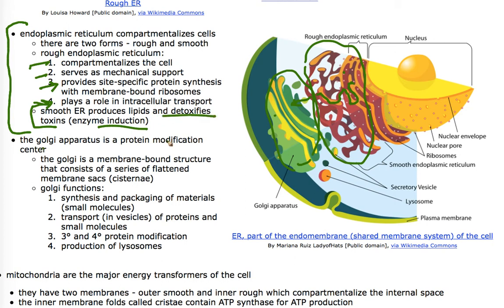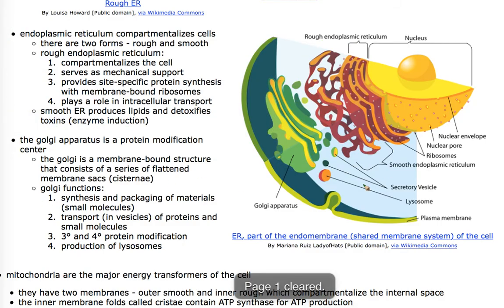The Golgi, which interacts with the ER, is a membrane-bound structure that consists of flattened membrane sacs. That's this here. The Golgi's job is to package proteins that have been sent to it from the rough ER. The Golgi also transports vesicles, they're called, of proteins, which are small bubbles, to the cell membrane.